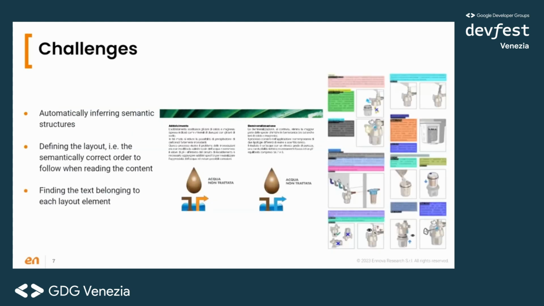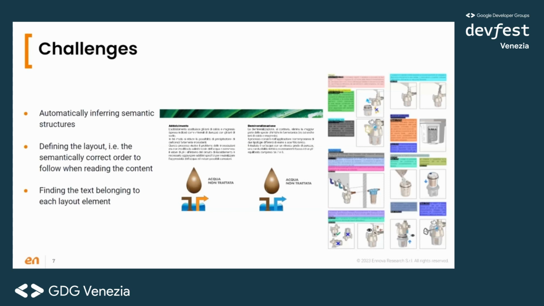There are three main problems in this process. The first is inferring the semantic structure, so understanding the semantic label of each component in a page. Then defining the reading order, so the layout understanding. In our documents, usually we go from left to right, top to bottom, but for example, even with a simple two-column page, this assumption is not true anymore.